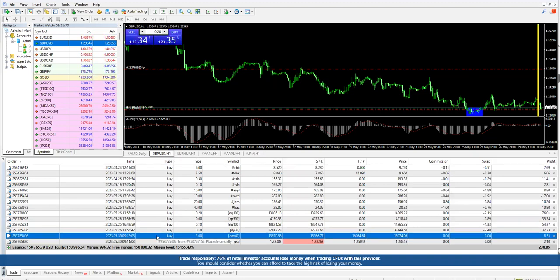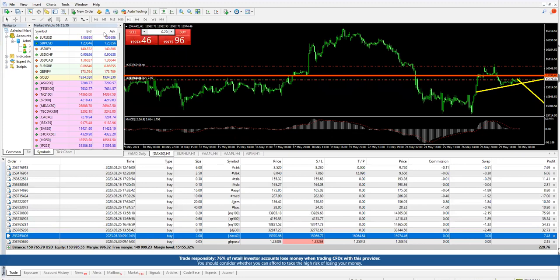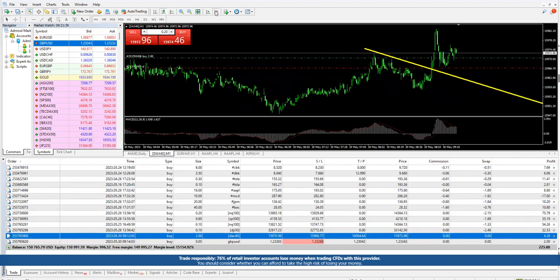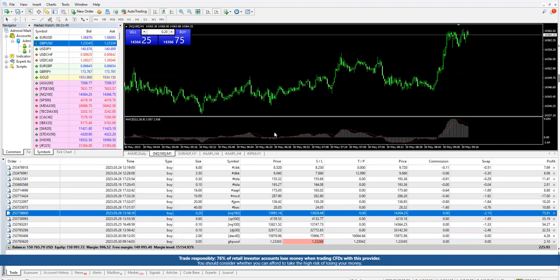Let's go back to DAX and one chart. And let's check what happened on NASDAQ, because on the other account we have positions.